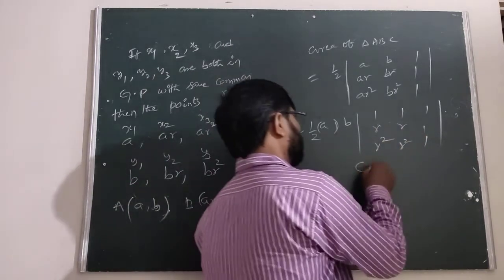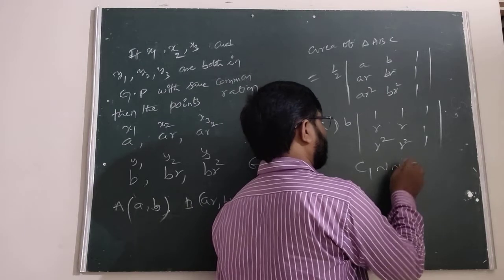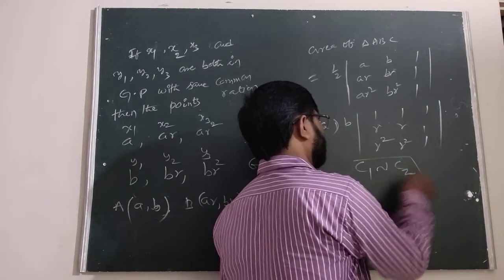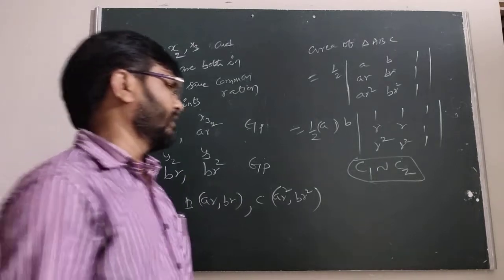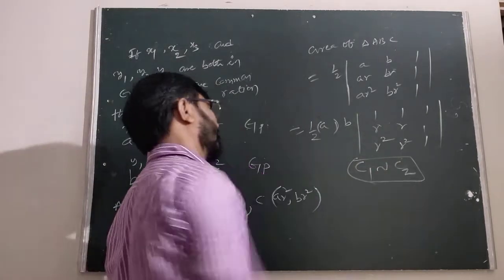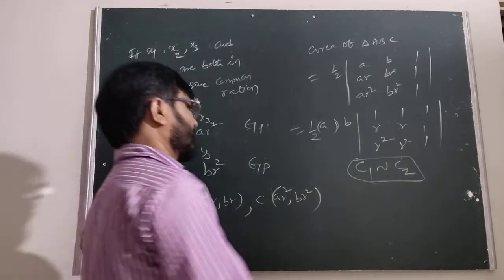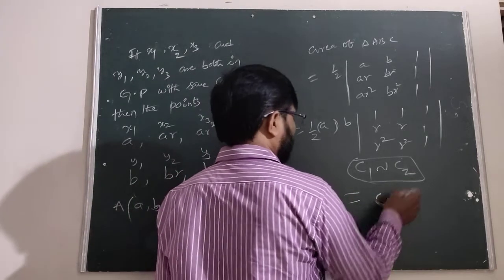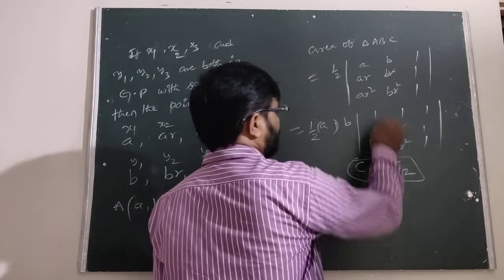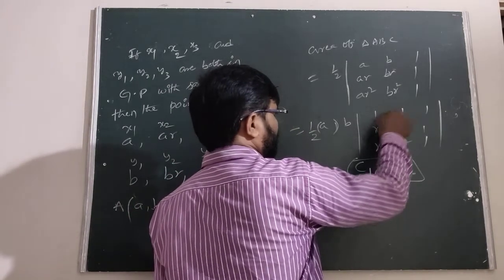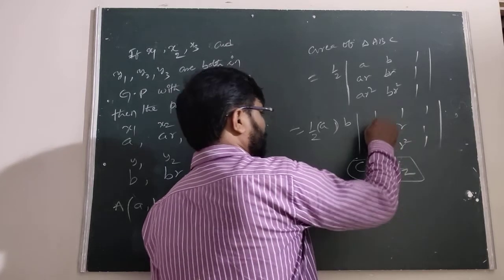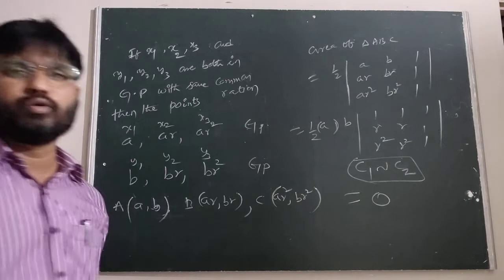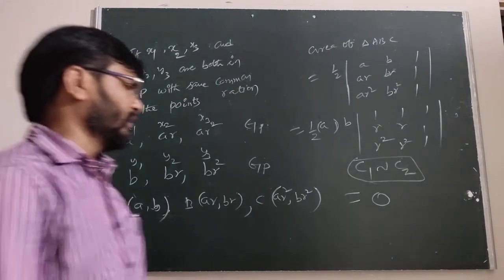When C1 is identical to C2, the determinant is 0. C1 minus C2 gives 1 minus 1 is 0, r minus r is 0, r square minus r square is 0. When each element of a row or a column is 0, the determinant is 0.